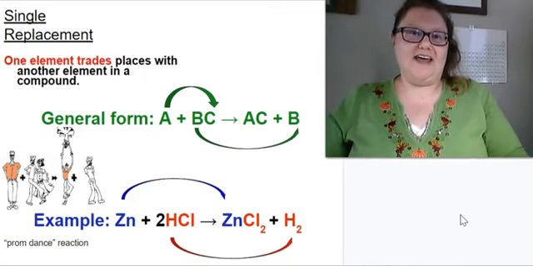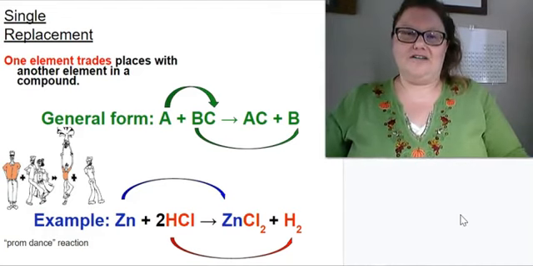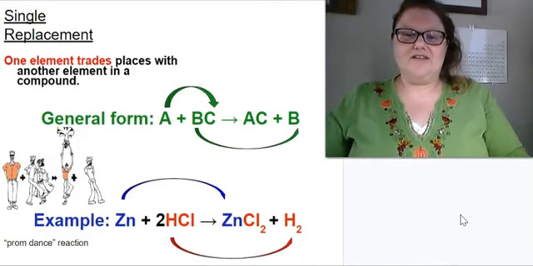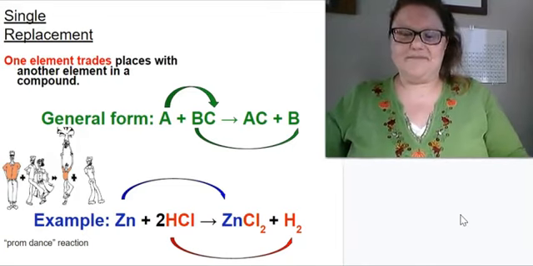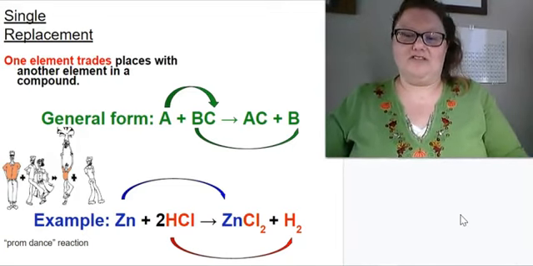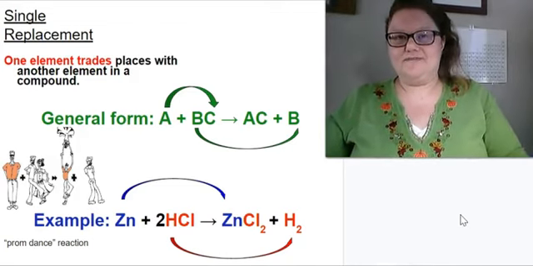Hydrogen being in group 1A always forms a +1 charge, so it can be thought of as, like zinc, a cation. So for this reaction to take place, the only possibility is if the two cations switch places. So the zinc will take the place of hydrogen and bond with chlorine, and then hydrogen is left by itself.